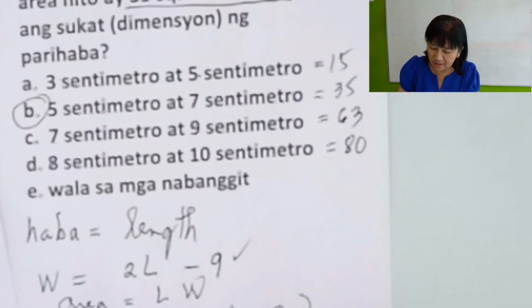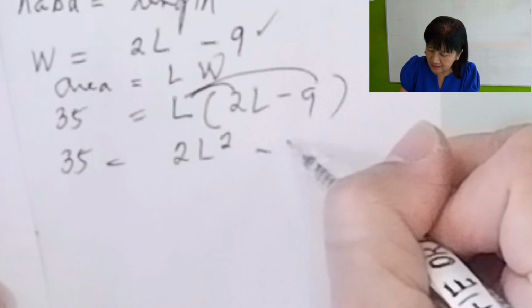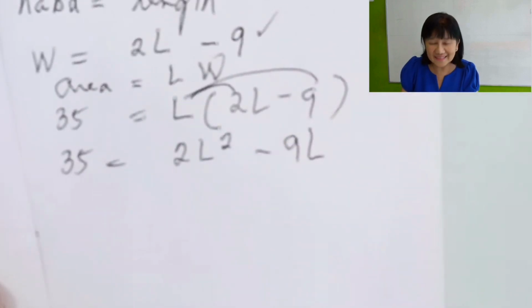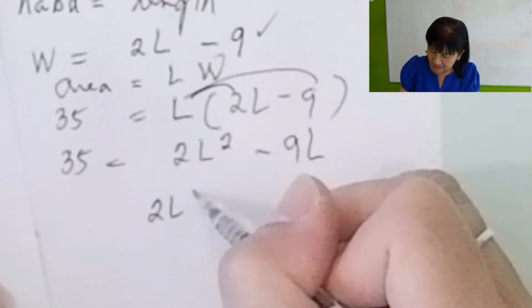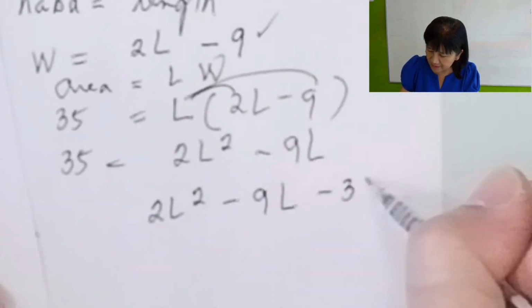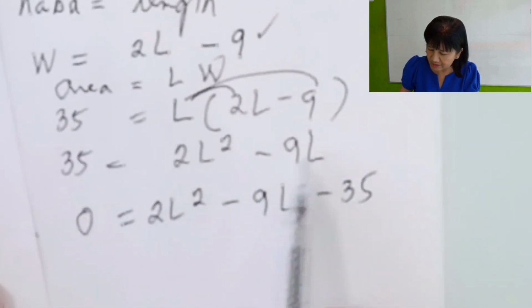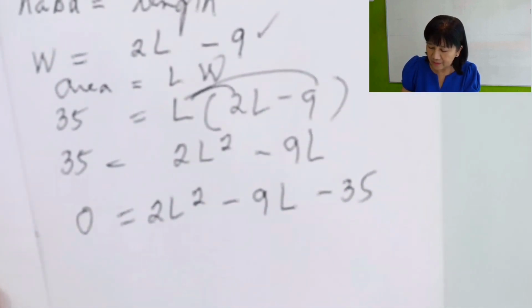Let us try that. So 35 equals L times 2L, which is 2L squared minus 9L. Transpose 35 to the other side: 2L squared minus 9L minus 35 equals 0. What do you do here?